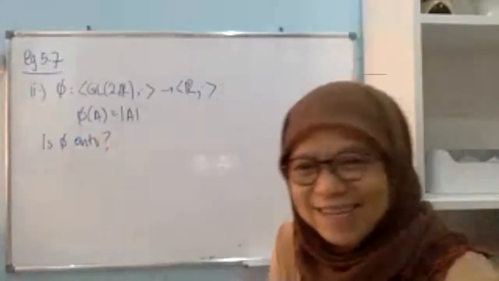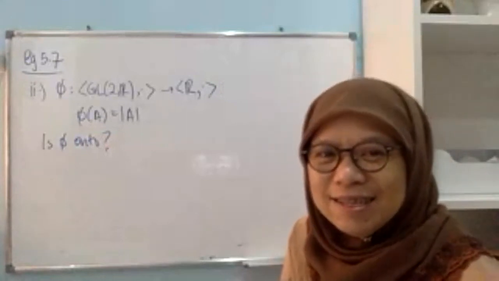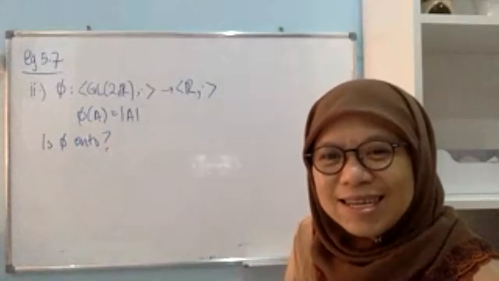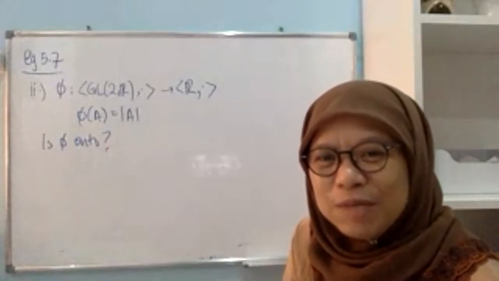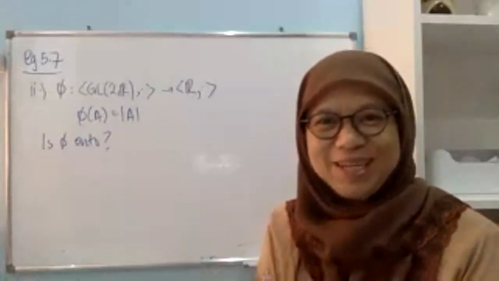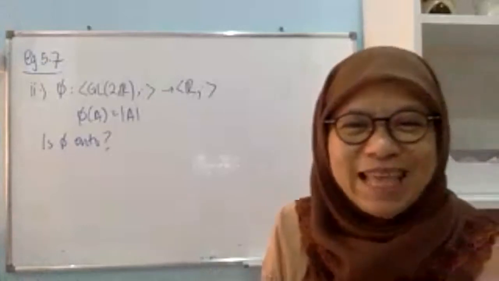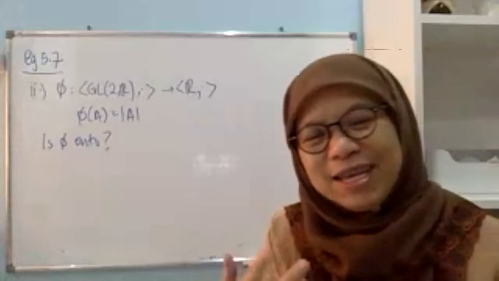I skip 1 to 1, I'll tell you later. What do you think? Let me ask one by one. The answer is very easy. It's either yes or no. Don't tell me not sure. Yes or no. You can unmute.